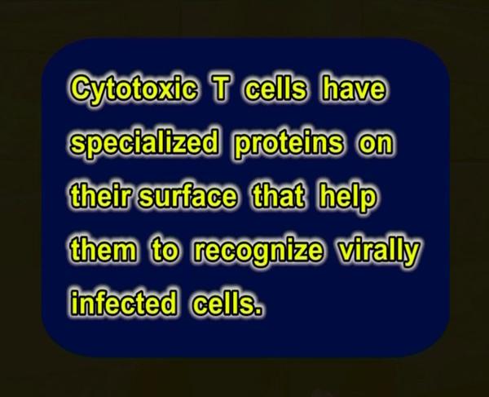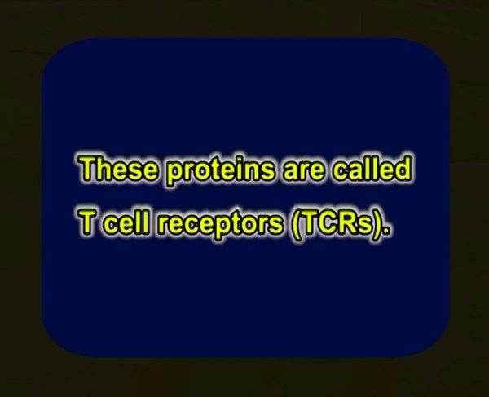Cytotoxic T cells have specialized proteins on their surface that help them to recognize virally infected cells. These proteins are called T cell receptors, also called TCRs in short. Each cytotoxic T cell has a TCR that can specifically recognize a particular antigenic peptide bound to an MHC molecule.